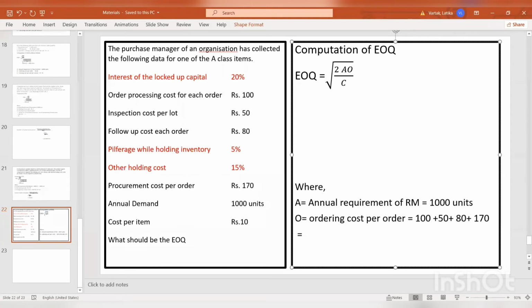So ordering cost per order is rupees 400.